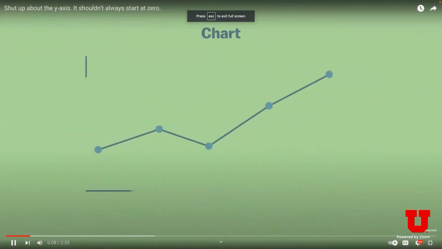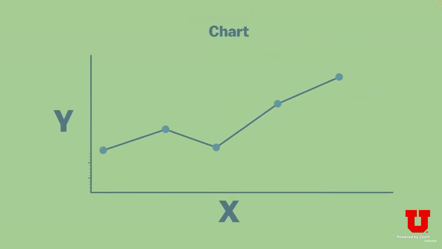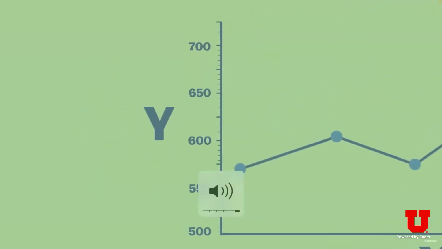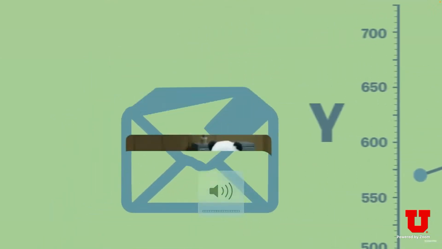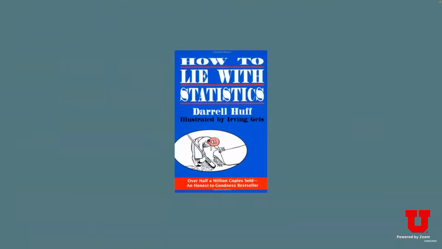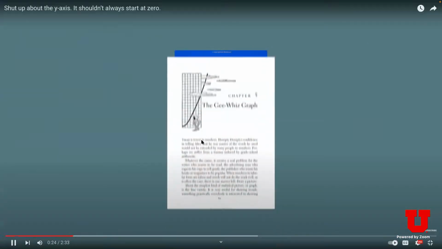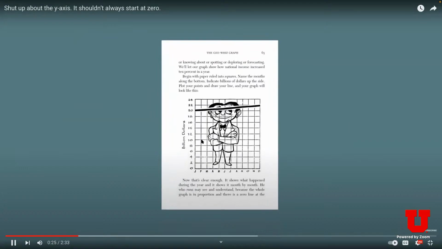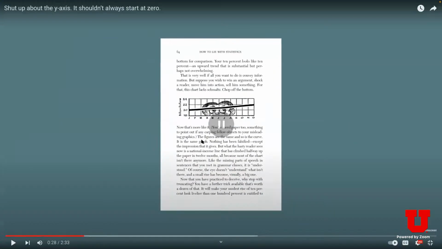And of course, charts have axes. Pretty much every time we run a chart with a y-axis that starts anywhere other than 0, someone winds up emailing to complain. You see, there's a really famous book called How to Lie with Statistics. It's a discussion of how you can create a misleading chart.